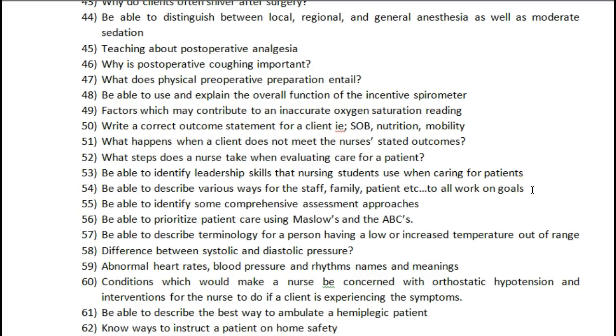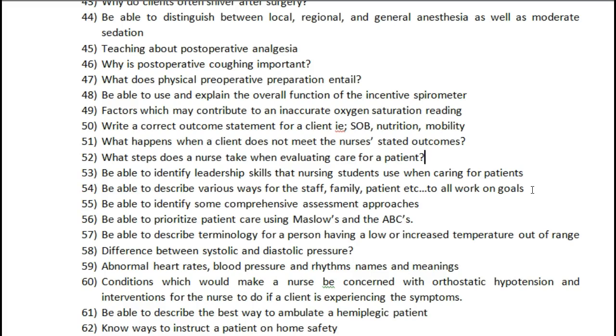I think that y'all know what type of leadership skills a street nurse has, because y'all do it all the time when you're taking care of patients. I would think that y'all would be able to pick out what type of leadership skills.